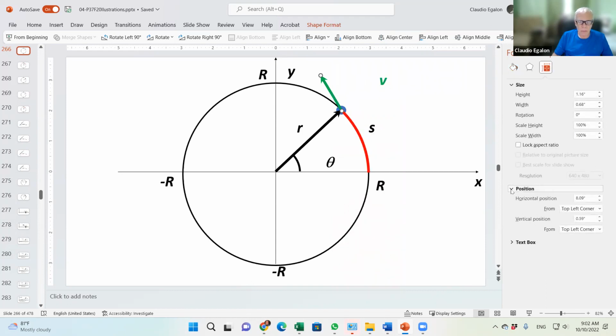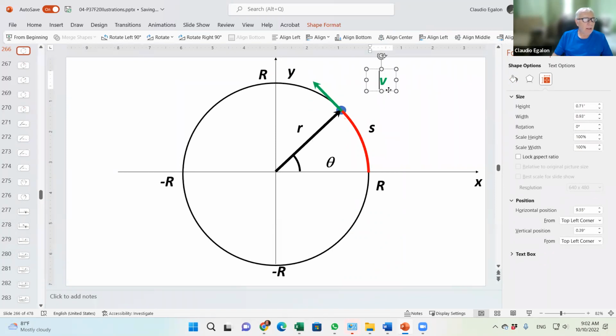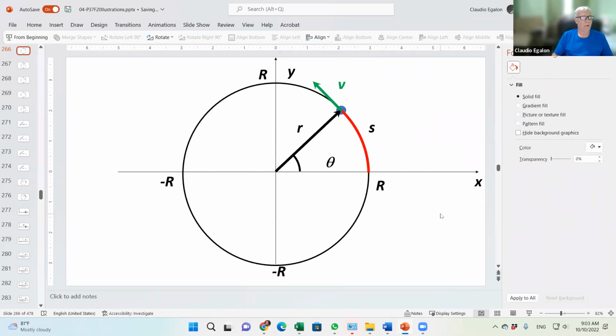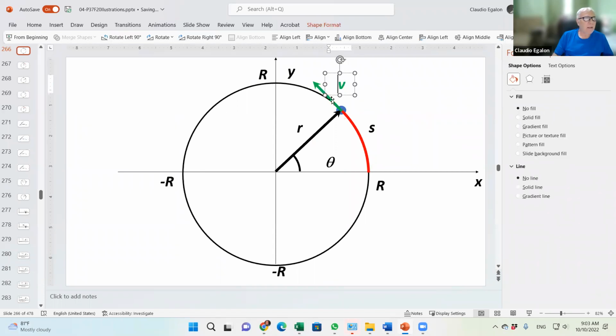Size, position, let's see here. Next rotation, here you go. I'm going to rotate until this velocity vector is tangent to the path, right? Like that. In the next drawing, we're going to do the same thing.